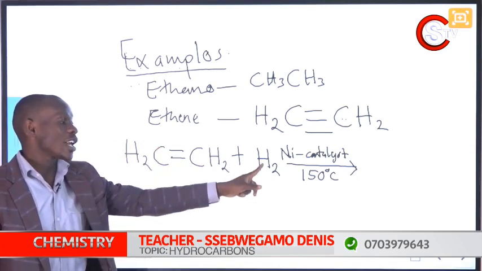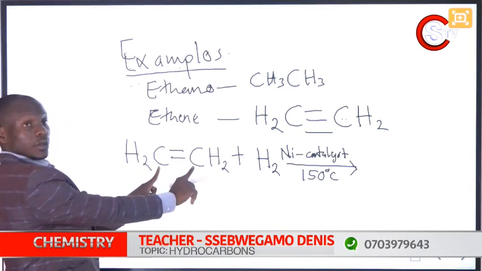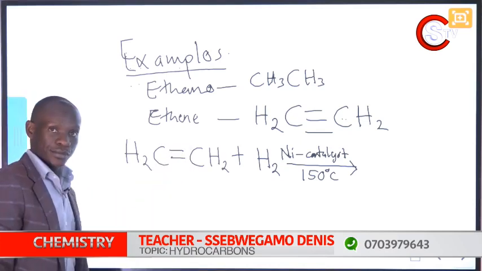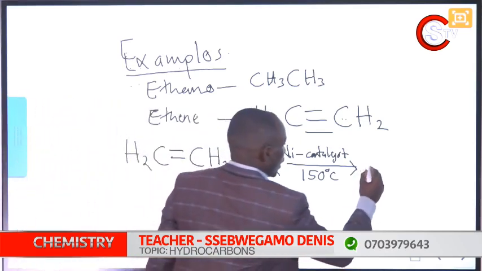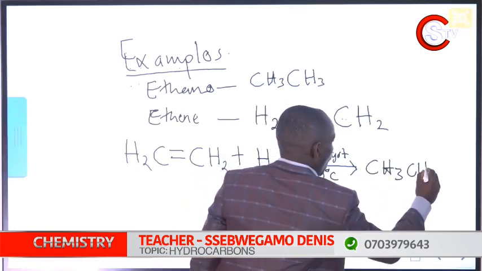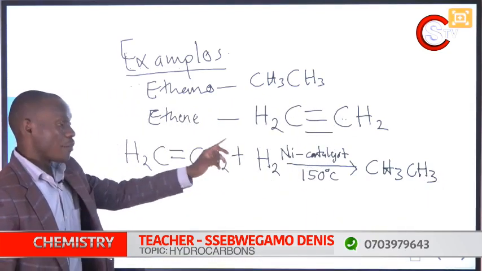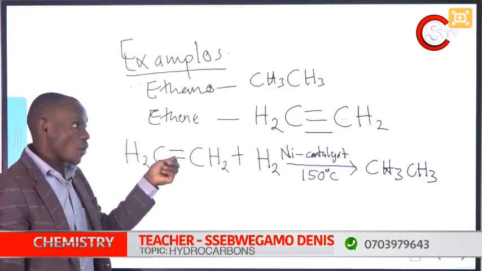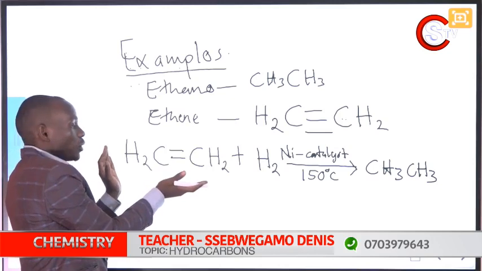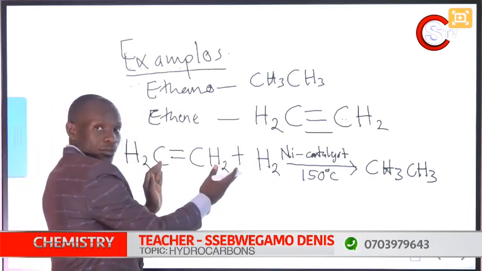That means these 2 hydrogen atoms are going to distribute themselves between the 2 carbon atoms that have the double bond. So I'll end up getting my ethane. By hydrogenation, I'm breaking the double bond, converting this unsaturated organic compound into an alkane by adding hydrogen.